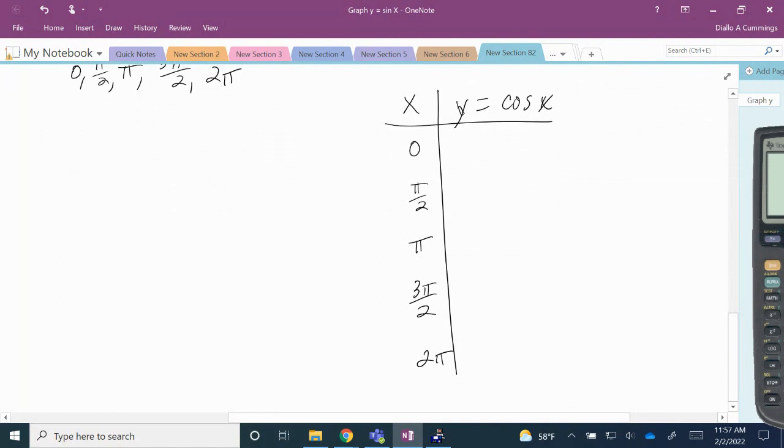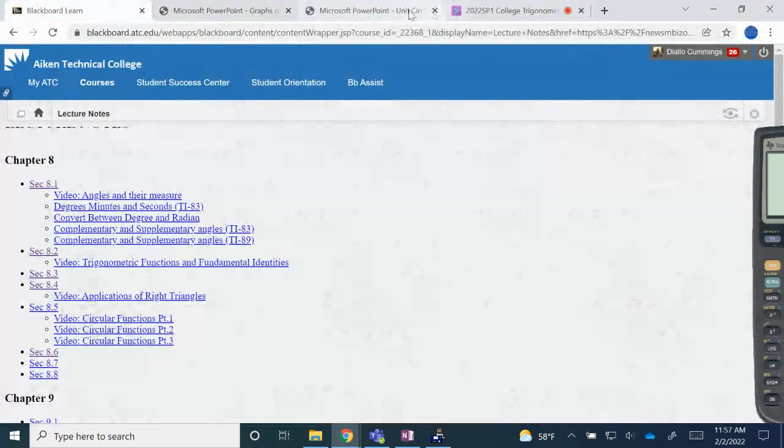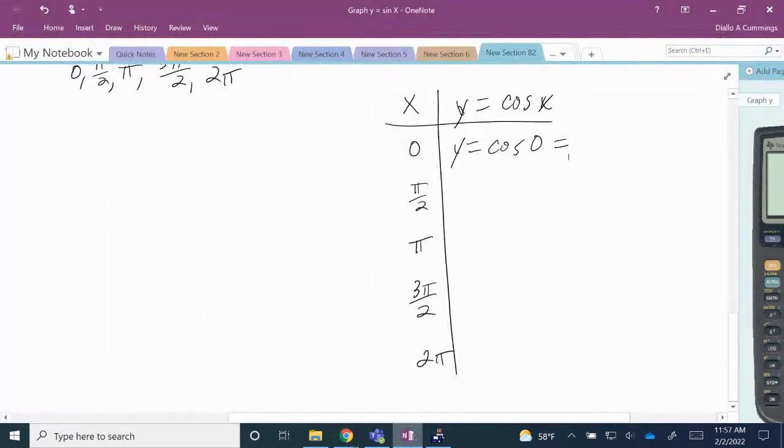So for our first ordered pair, we're simply going to substitute X for 0. And if we look at the unit circle, in order to find the cosine of 0, we can locate 0 radians. The cosine corresponds to the x coordinate, so the cosine of 0 is positive 1. So that's our first ordered pair, 0, 1.